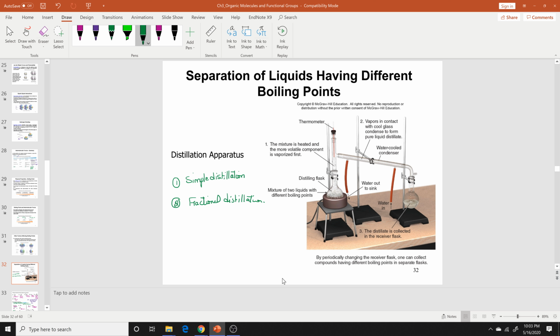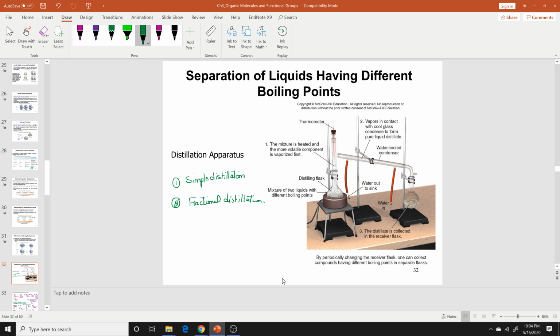You have your mixture in a round bottom flask. Normally when you separate liquids, this means that you have two liquids in there with two different boiling points. The boiling points of these liquids normally have to be far away from each other.